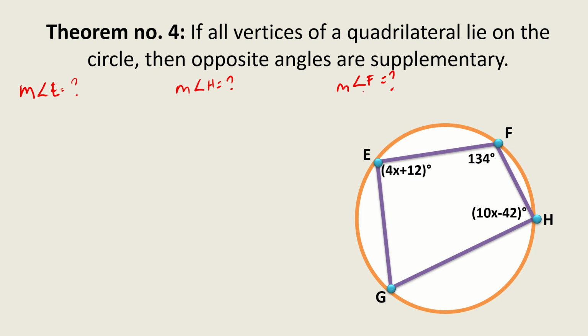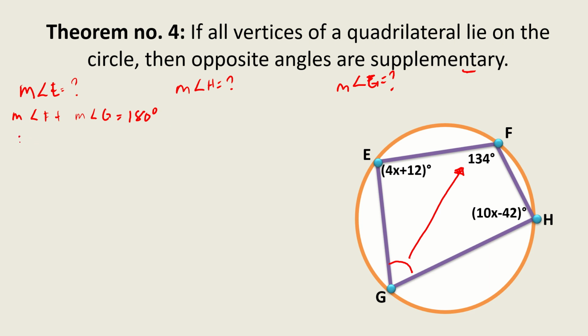So, para makuha si measure ni angle G, di ba? Ano yung angle na katapat ni angle G? That is angle F. So, again, pwede natin sabihin that the measure of angle F plus the measure of angle G, they are supplementary. So, they are equal to 180 degrees.